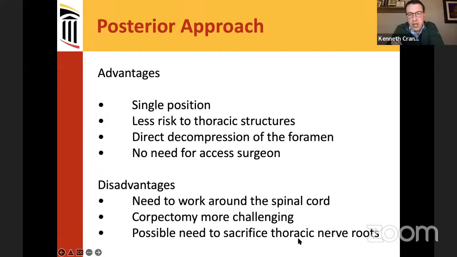Corpectomy is certainly more challenging from a posterior approach, as well as trying to get a large cage in. And then another disadvantage, while it's not that significant, is of course the need to sacrifice thoracic nerve roots, which you may not have to do from an anterior approach.